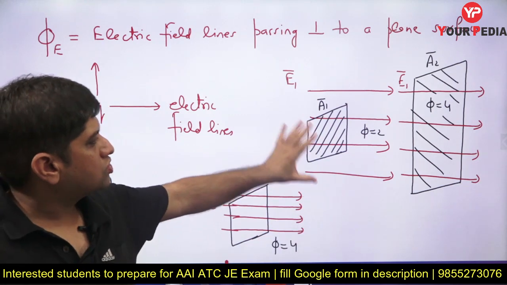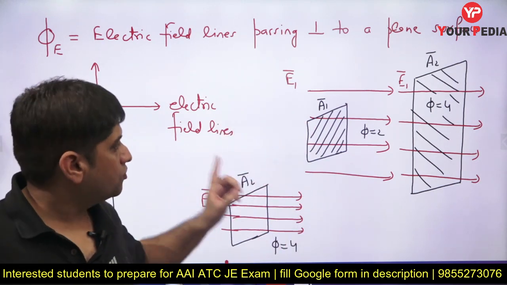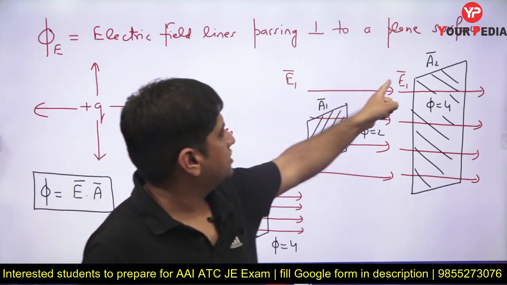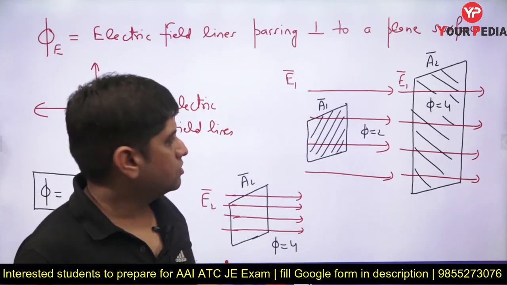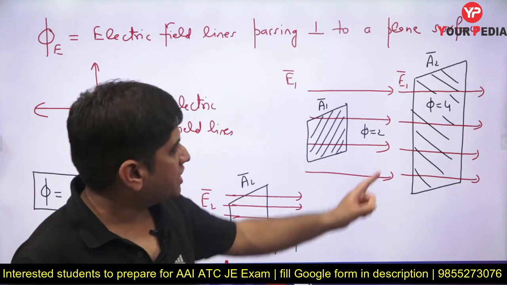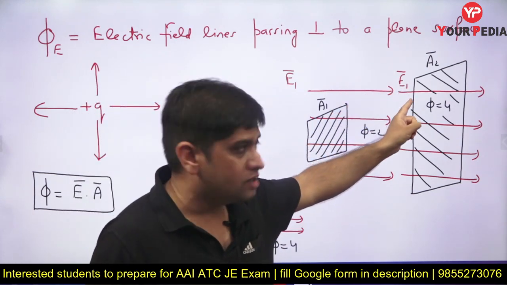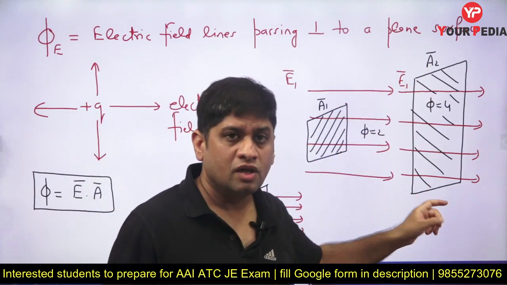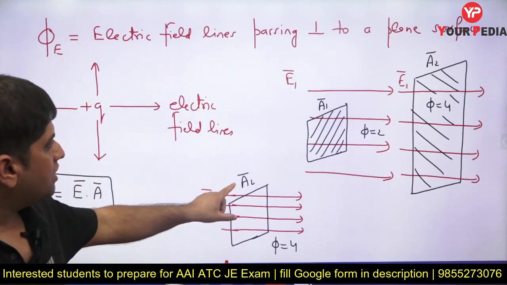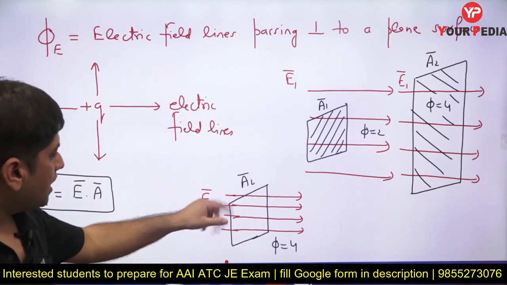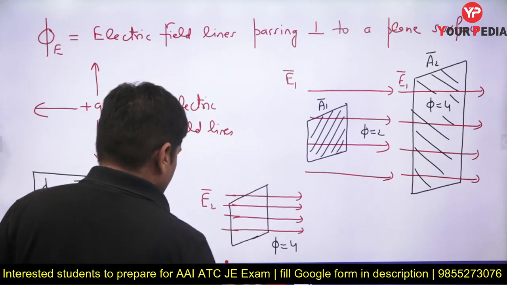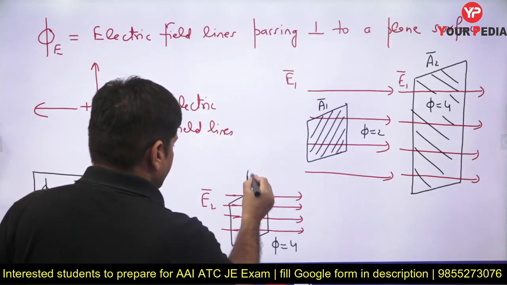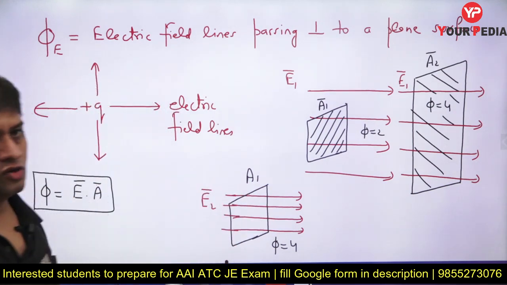Now I am giving you 3 diagrams here. See carefully. In the first diagram the electric field is E1, area is A1. In the second diagram the electric field is E1, area is A2. In the third diagram the area is A1 only, but the electric field is E2.